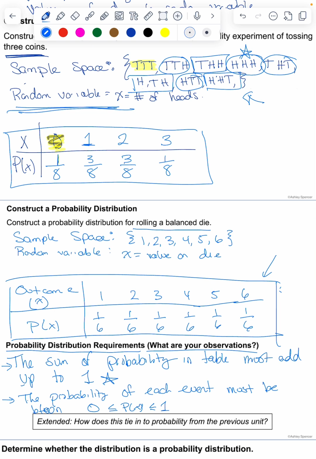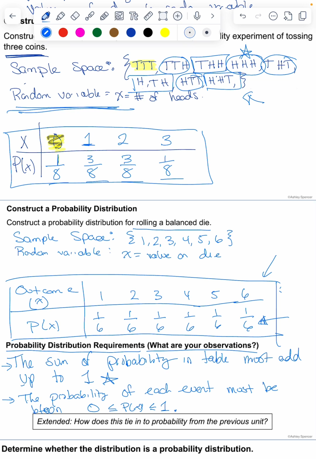And 0 and 1 can be included. You can have a probability of 0, or you can have a probability that this is going to happen all the time. So all of these probabilities right here, when you add them up, must equal 1, and each of these values has to be between 0 and 1.